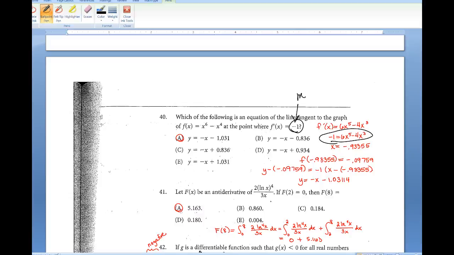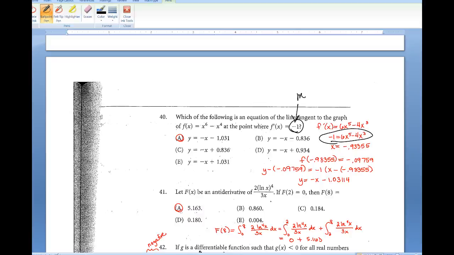So if I know my slope and I can find the derivative, then I can find my point of tangency. If you set those equal to each other and solve, the x coordinate will be the x coordinate of our point of tangency. Plug it back into the original and you'll get your y coordinate. So -1 is the slope of the tangent line. Correct. If you look at your choices, they all have a slope of -1. It was just a matter of finding the point.